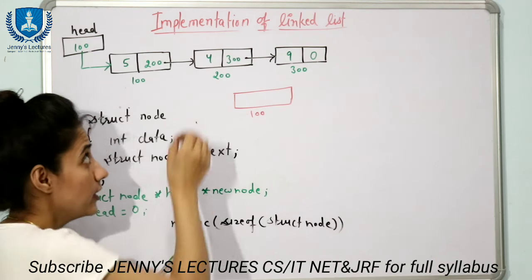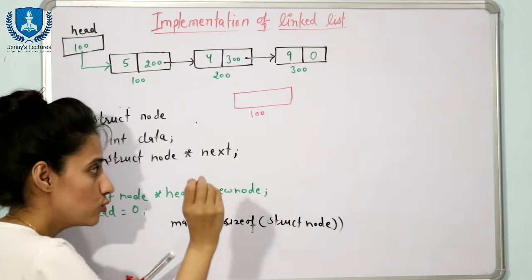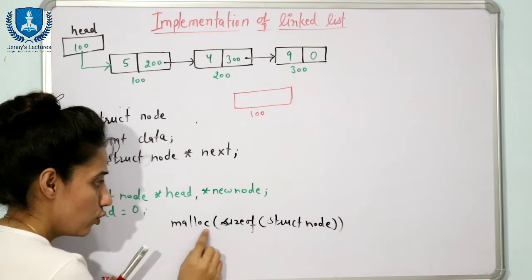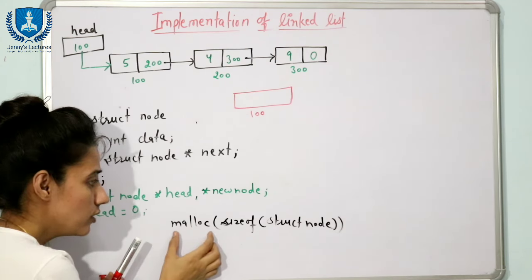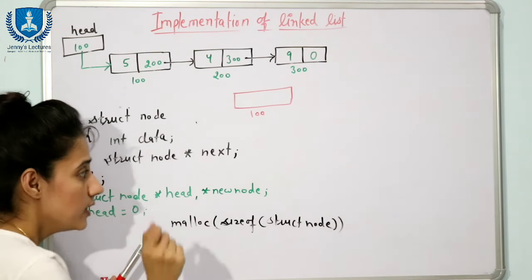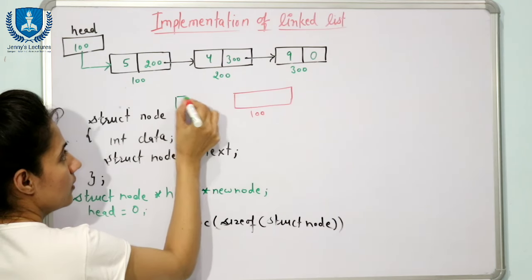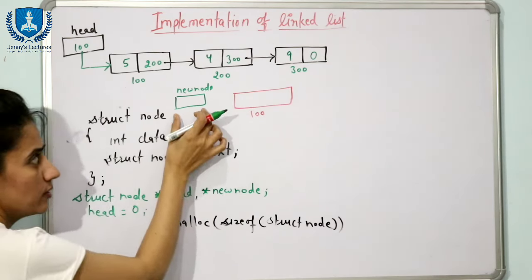Whenever we create a new node, we use this one. The address of that node we store in this pointer variable, because malloc always returns a pointer to the starting address, and it returns a void pointer.